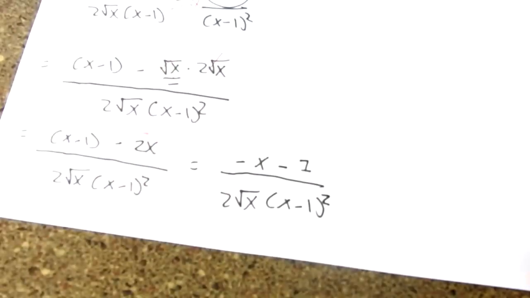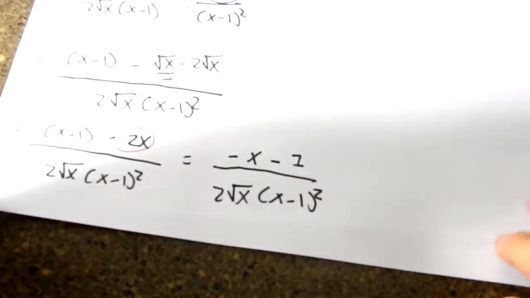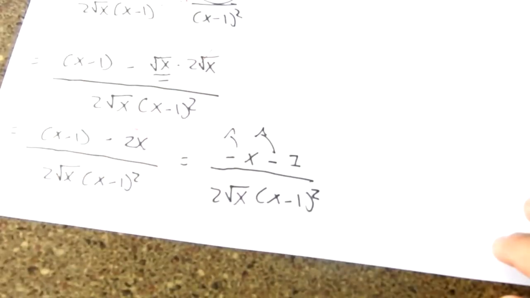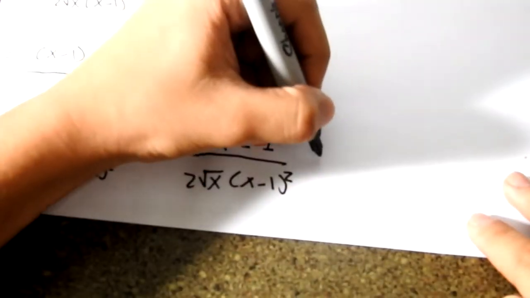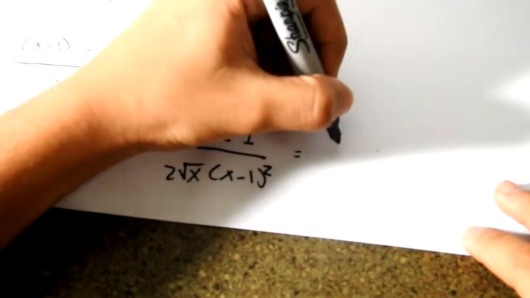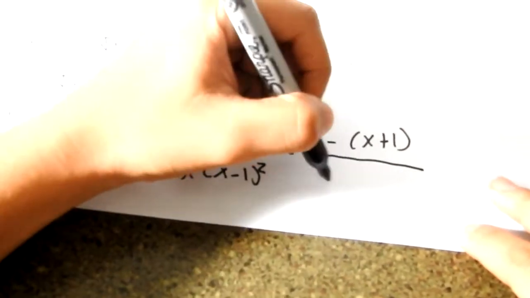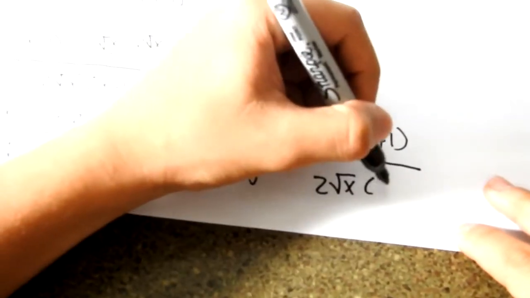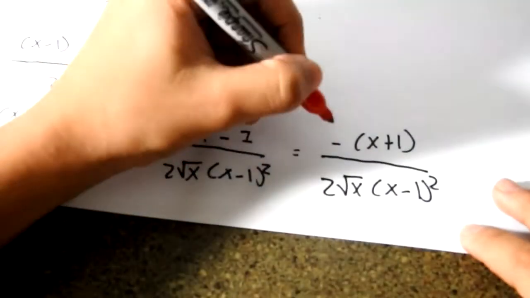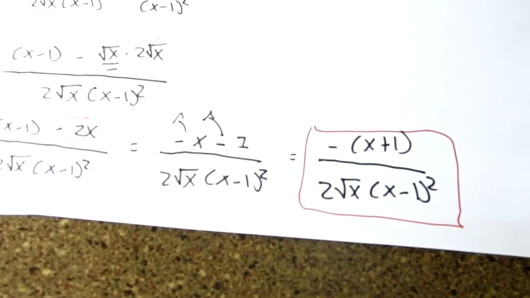This is the answer, but to have it in the simplest form, I'm going to take out that negative sign to simplify it and have full marks. So I'm going to have minus, and then x plus 1 over 2 square root of x minus 1 squared. So this is the simplest answer possible to this exercise.